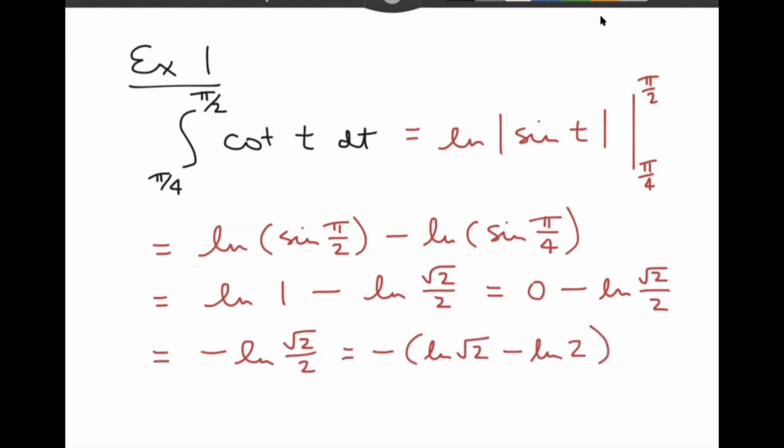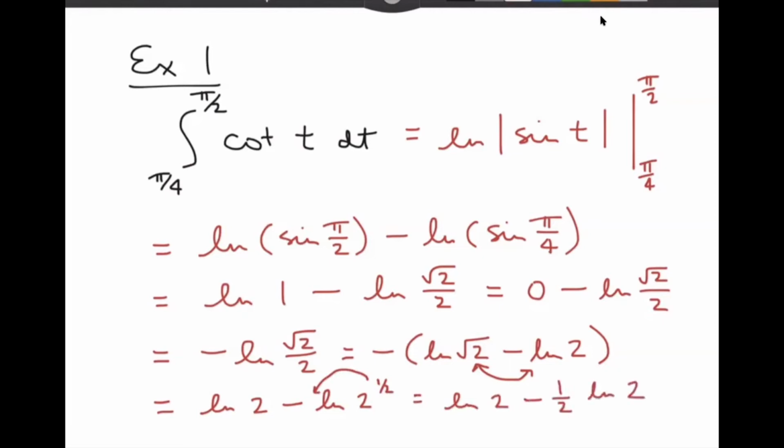And then here's a trick that I use in Calc 2 practically in my sleep. When you have the opposite of a difference, all that does is it just flips the order of the terms, right? So we could just write that as natural log 2 minus natural log square root of 2. However, instead of writing natural log square root of 2, I'm going to write natural log 2 to the 1/2, because now I'm going to use my power rule and make that natural log 2 minus 1/2 natural log 2.